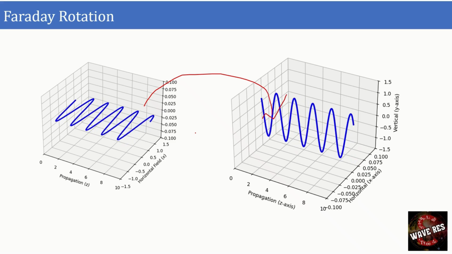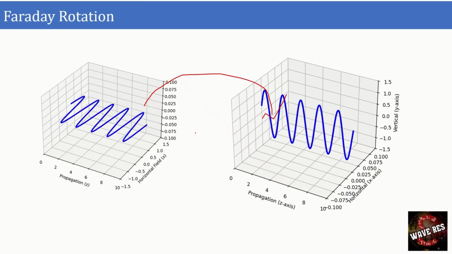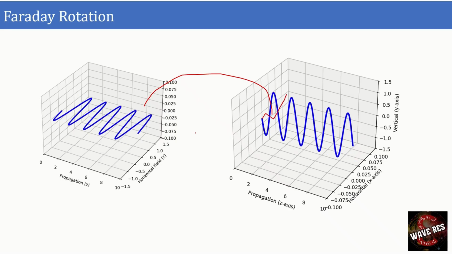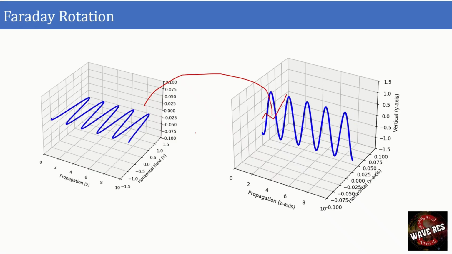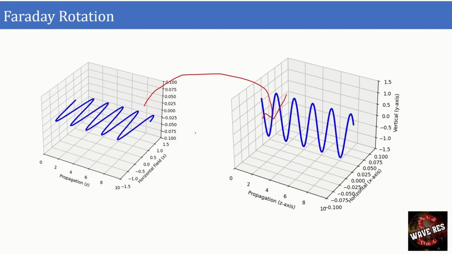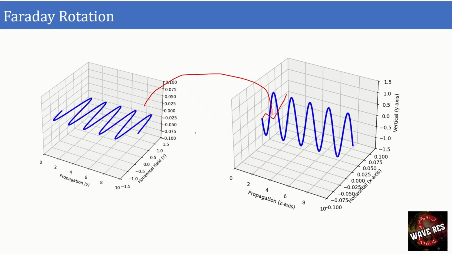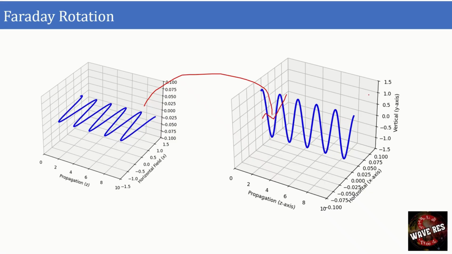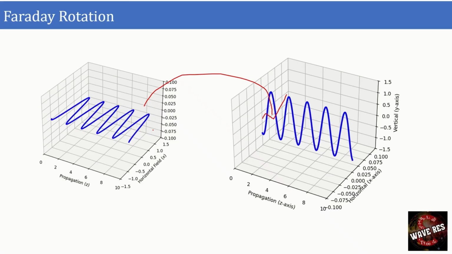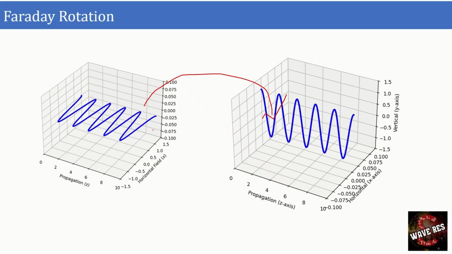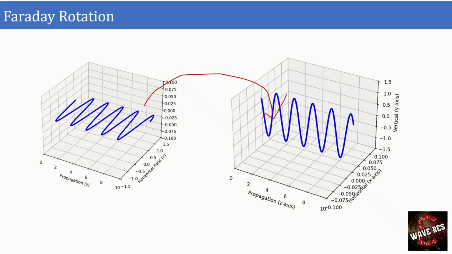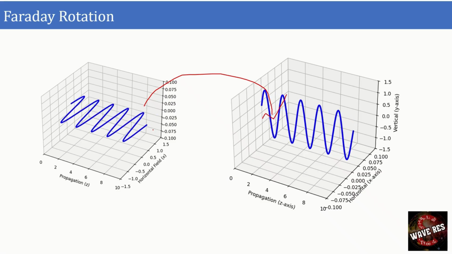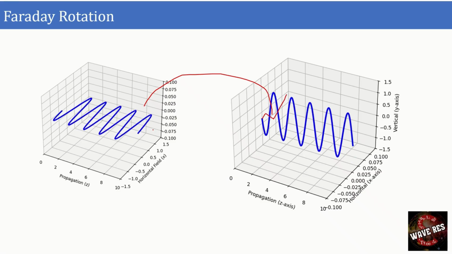This is known as Faraday rotation. The main reason for Faraday rotation is the ionized atmosphere and the Earth's magnetic field. If you are using a circular polarized antenna, it can accept even a linearly polarized wave with 3 dB loss. That's why we always prefer circular polarized antennas for our satellite communication.